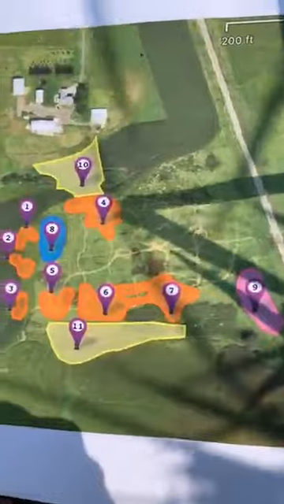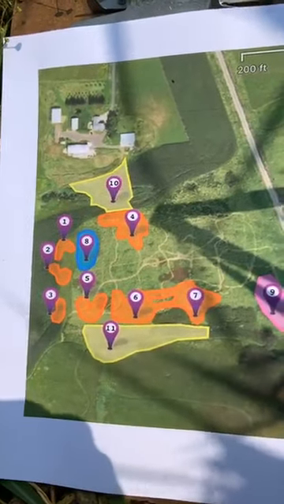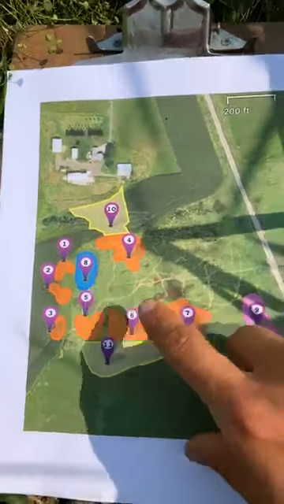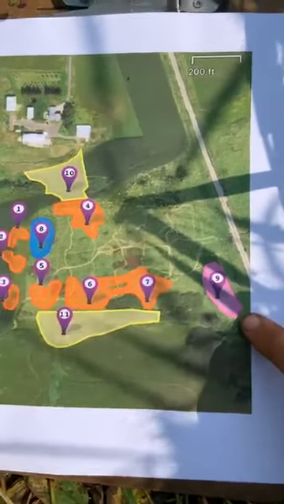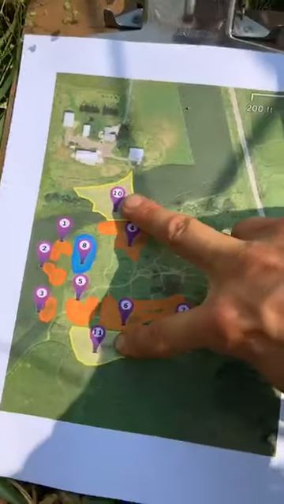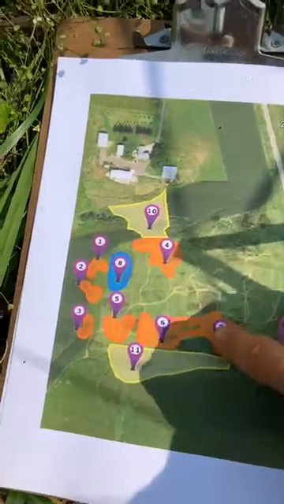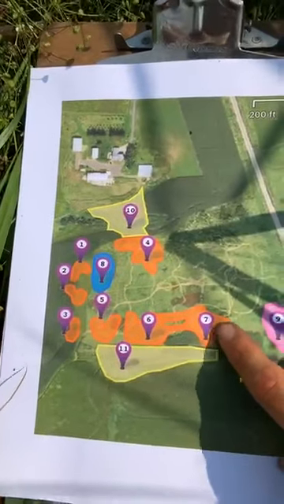And so 2 years ago, all of the orange polygons are new scrapes. This blue polygon is a scrape that was already there, and this pink polygon was also already there. And then these 2 yellow polygons represent where the soil came out of these ones, out of the orange polygons, right?